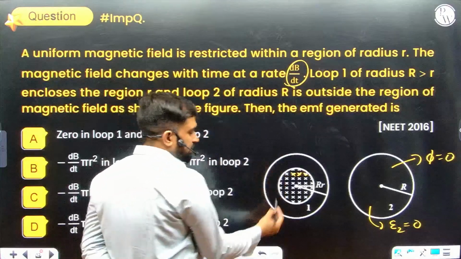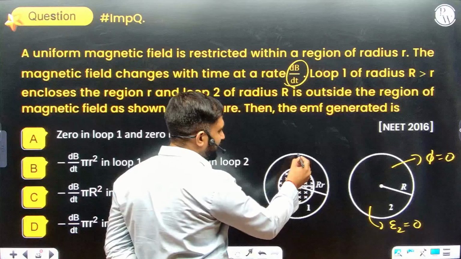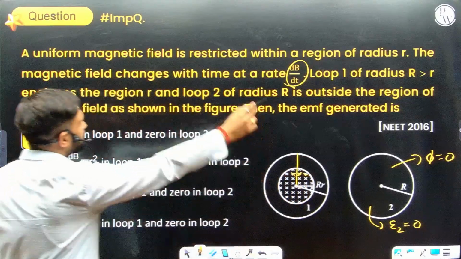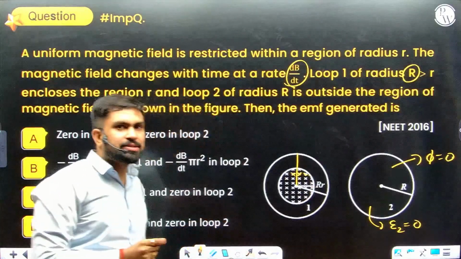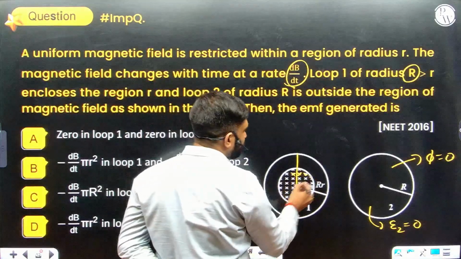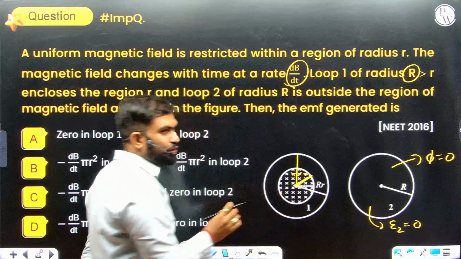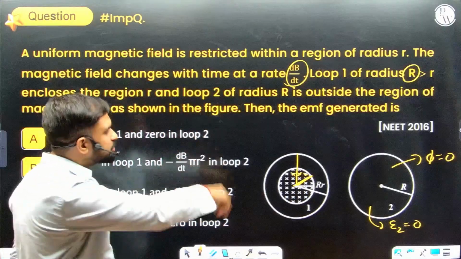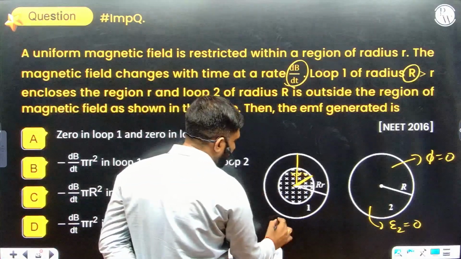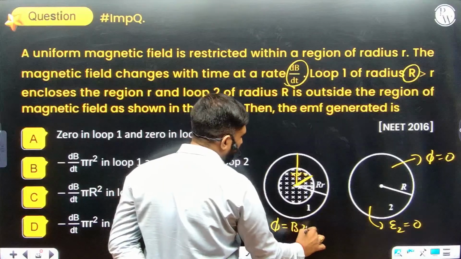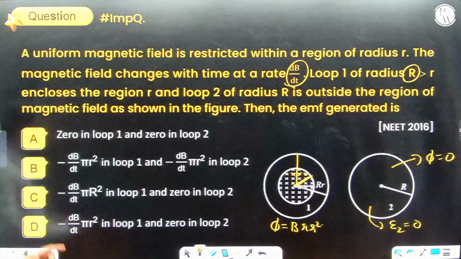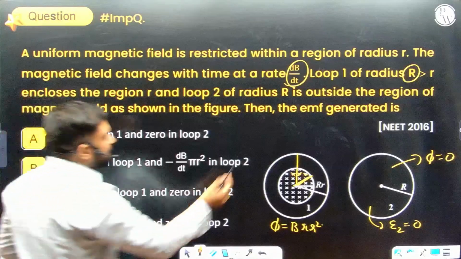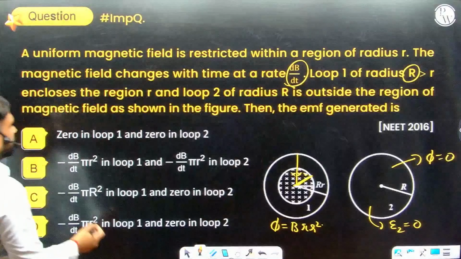And for this, you need to understand that the radius of your loop is capital R, this one here, but the flux is only associated with small r. So I need to use the flux through this small r region only. The flux will be B into pi small r square. To find the EMF, I know it is minus d phi by dt, and dB by dt is given already.